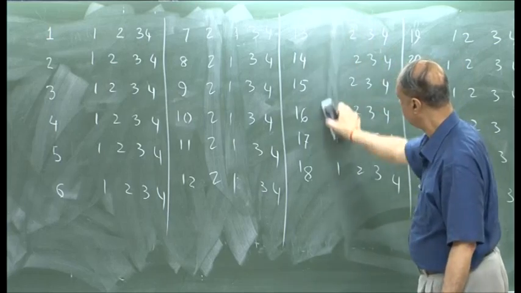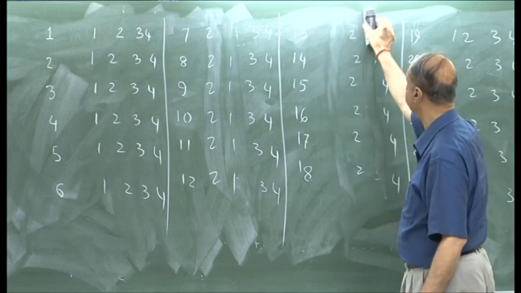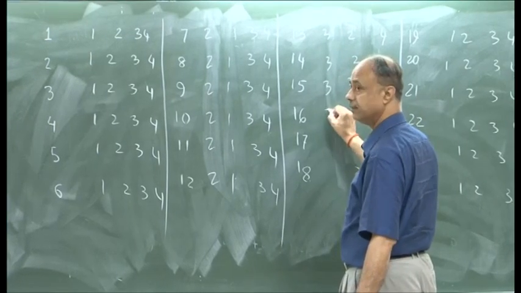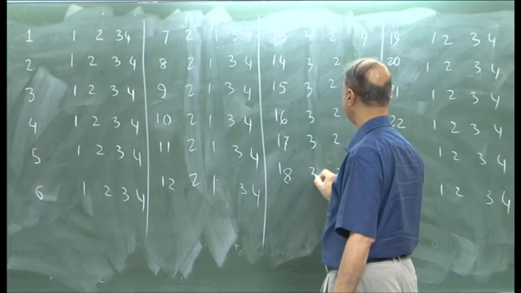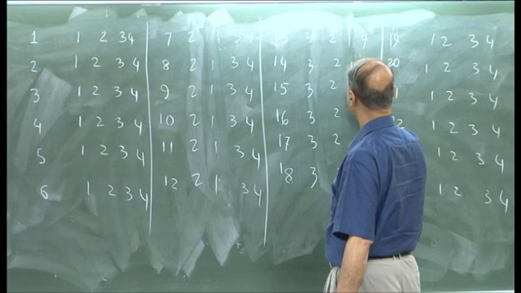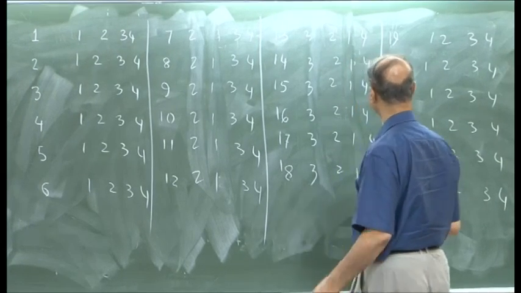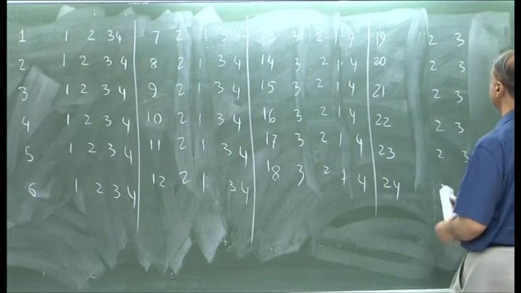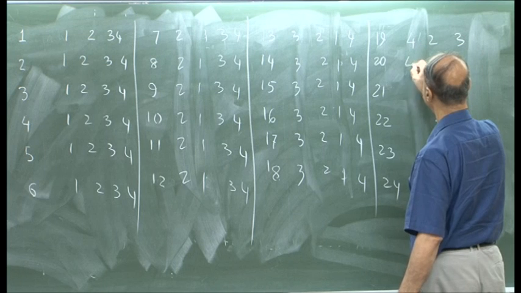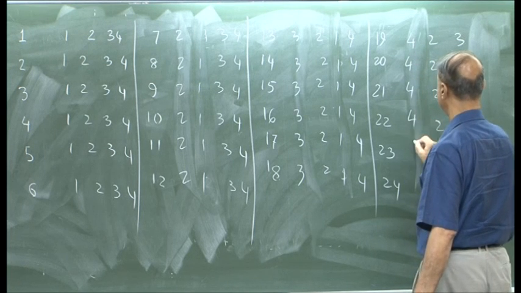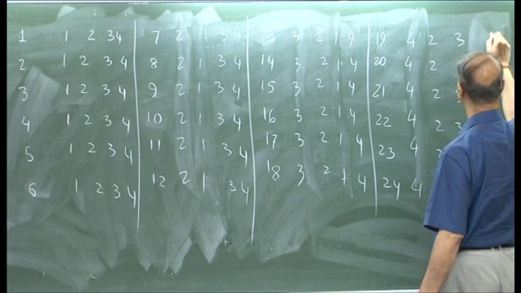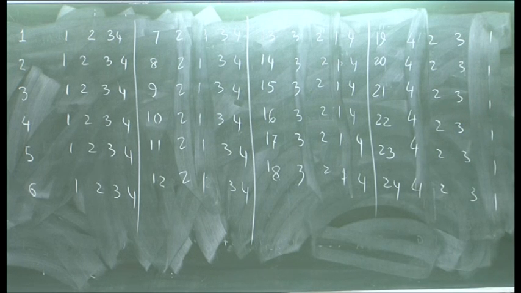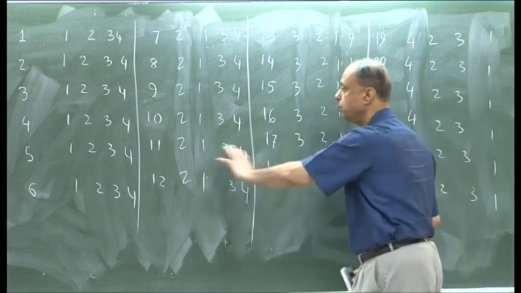Here, this will be interchanged with this one, so it is 3, 3, 3, 3, 3, 3, 1, 1, 1, 1, 1, 1. Right? Now I have 4 groups.